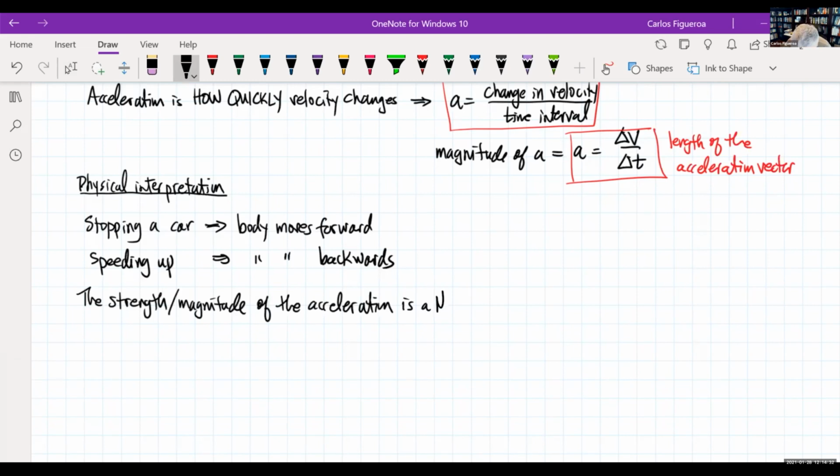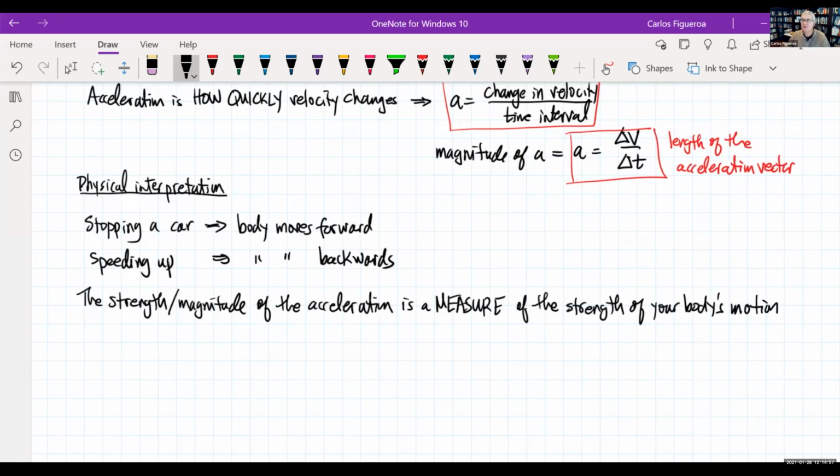So the strength, or magnitude, of the acceleration is a measure of, how do I say this, the strength of your body's motion.